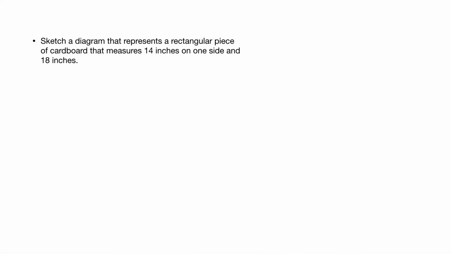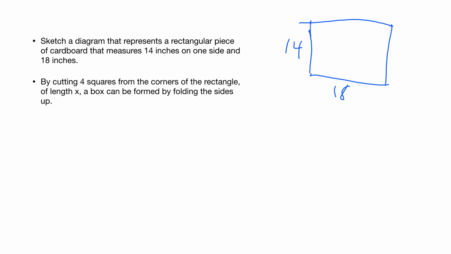Finally, we have this example of a word problem. So we're going to sketch a diagram of a rectangular piece of cardboard that measures 14 by 18. By the way, this is a perfectly drawn example of that. A good fact about this cardboard is I'm going to take a piece of scissors, I'm going to cut a square on each side, and that square is going to be of x length.